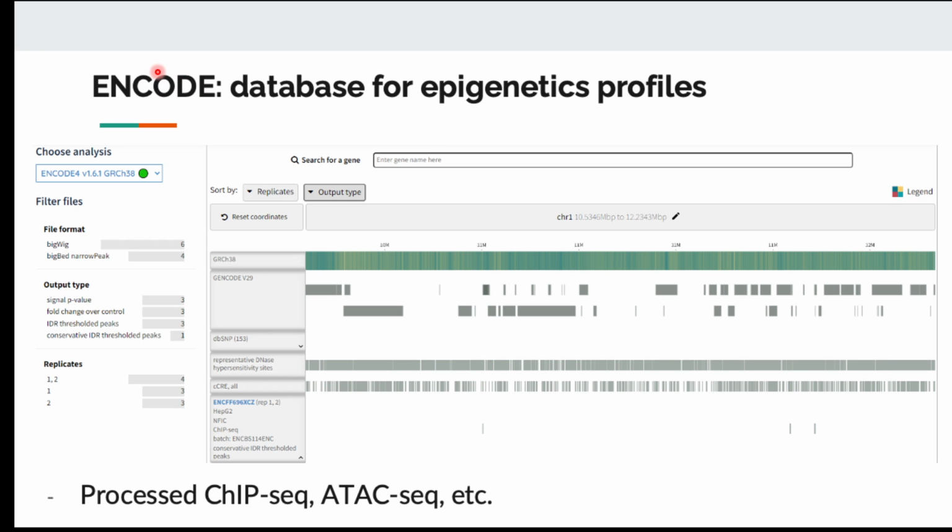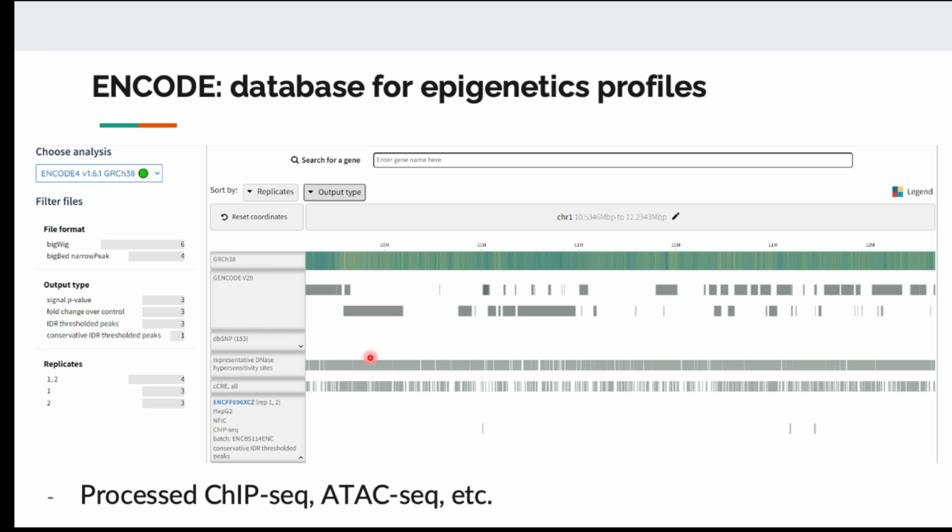If you go to ENCODE, they will show you this kind of track data. The first track here is the position of the genome, so these are base pair numbers. And then depending on which epigenetic information you want to look at, they will show you the position, maybe the methylation profiles, maybe the accessibility of the chromatin, maybe the binding site for certain proteins.